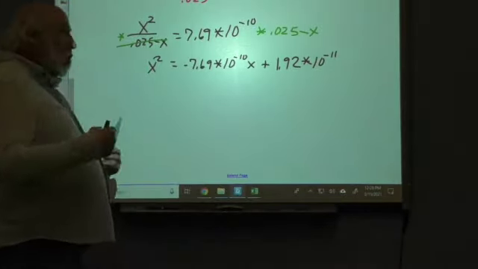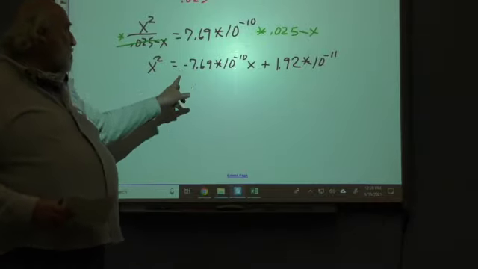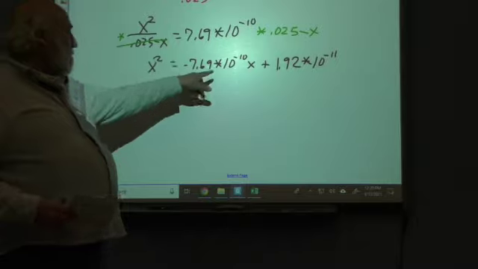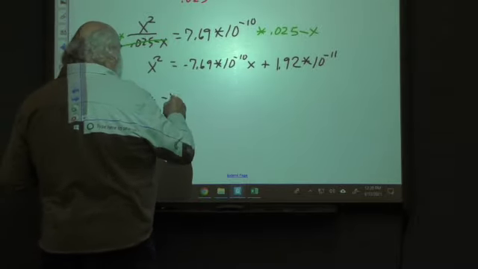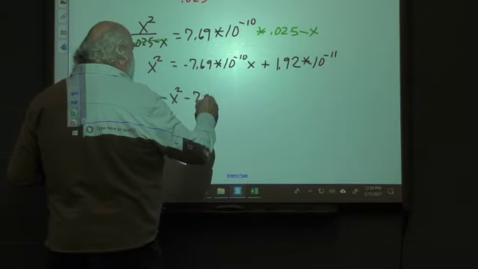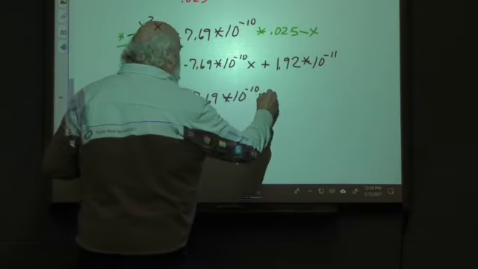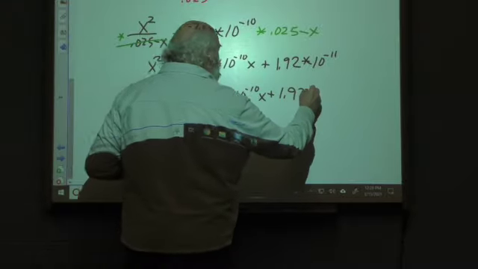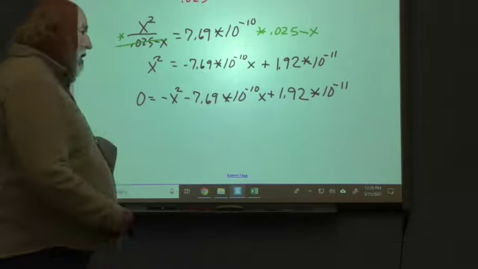But I need this in quadratic form, so I'm going to move this over here by adding negative X squared and sticking that in front, because that's a higher degree than X. So that becomes 0 equals negative X squared minus 7.69 times 10 to the negative 10 X plus 1.92 times 10 to the negative 11th. Now I have quadratic form.